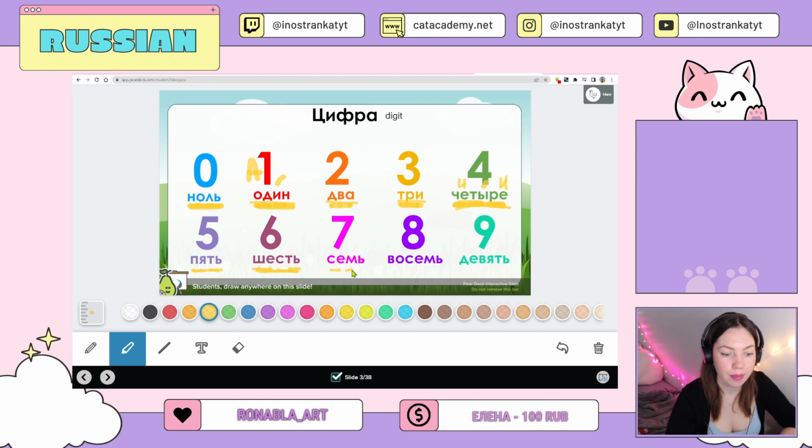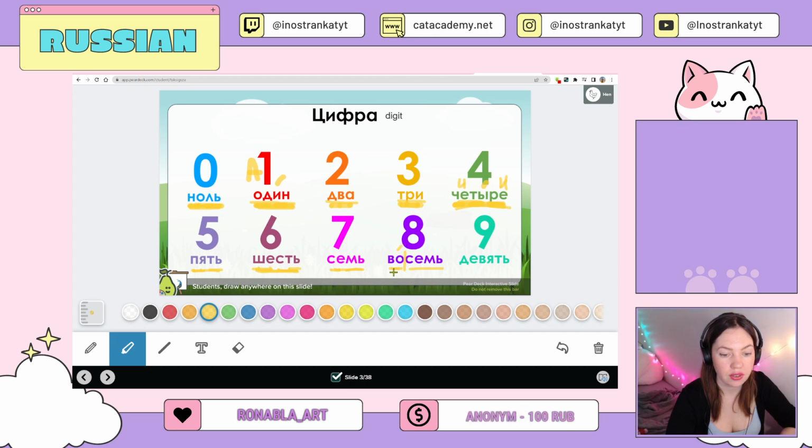Семь, семь. Next one, if we divide it in two parts, it will be like part of 7 and also 2 letters before. So it will be во, семь, восемь, восемь.